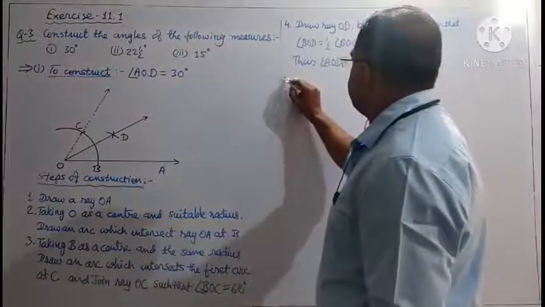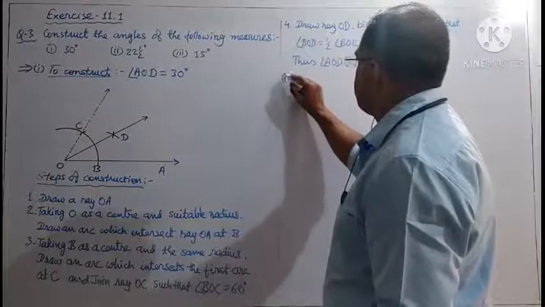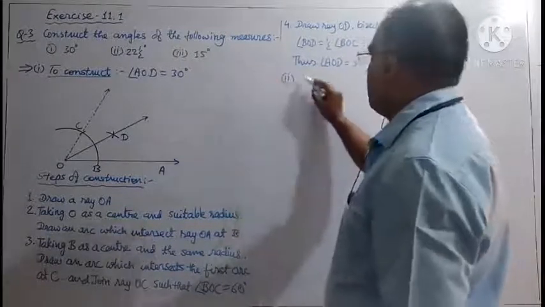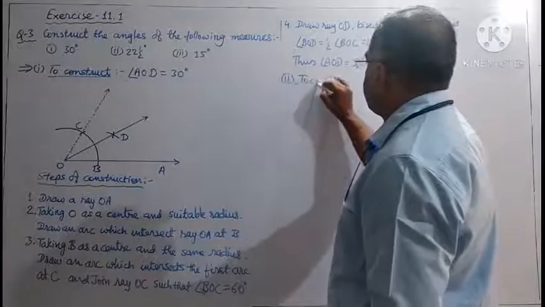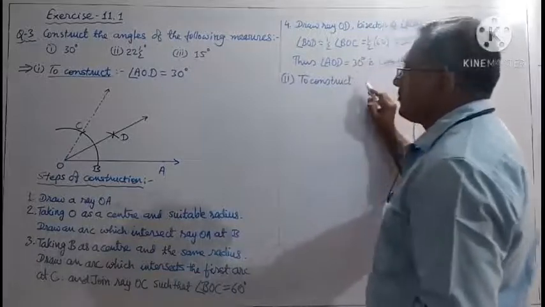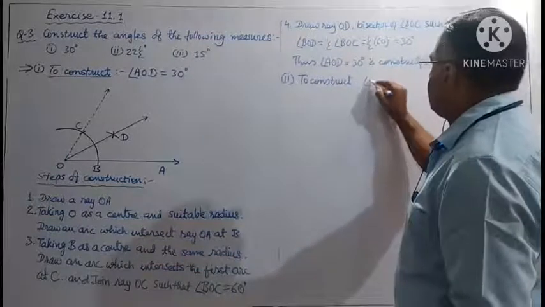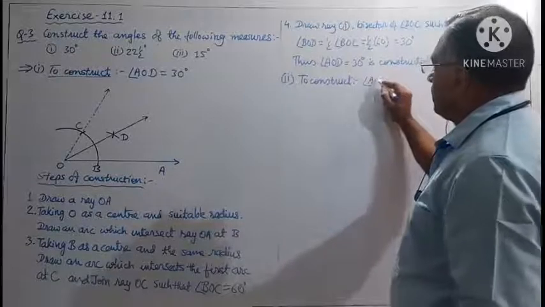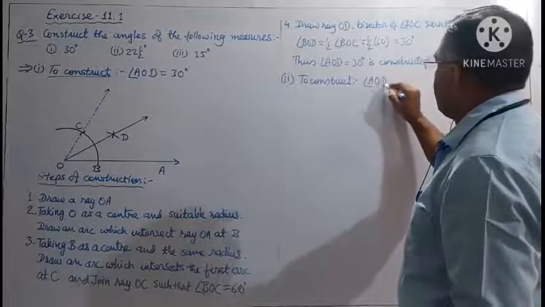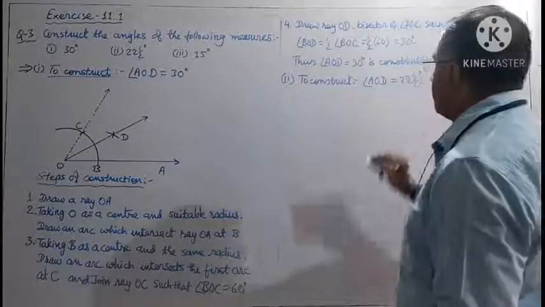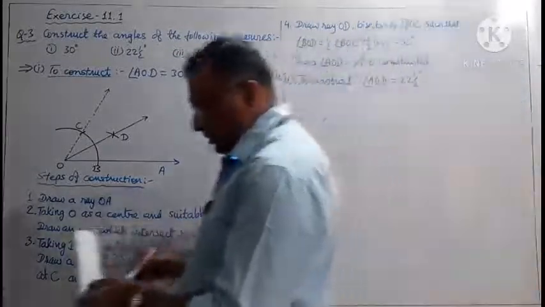Same way, second part, here we have to draw angle 22 and half degree to construct angle AOD is equal to 22 and half degree. So for this, what shall we do?